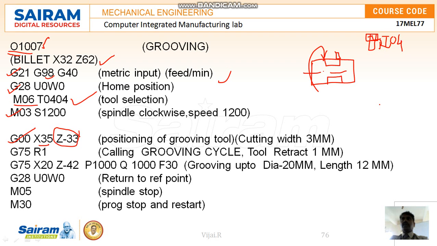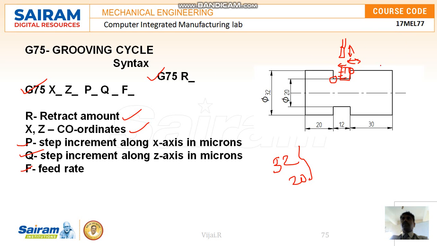This is the 3 mm width. Here the length is 30 mm, so from here it has to travel 30 mm as well as the 3 mm width. Combined, it will be 33. This is the job thickness, up to this it is 30 mm and this is 3 mm.